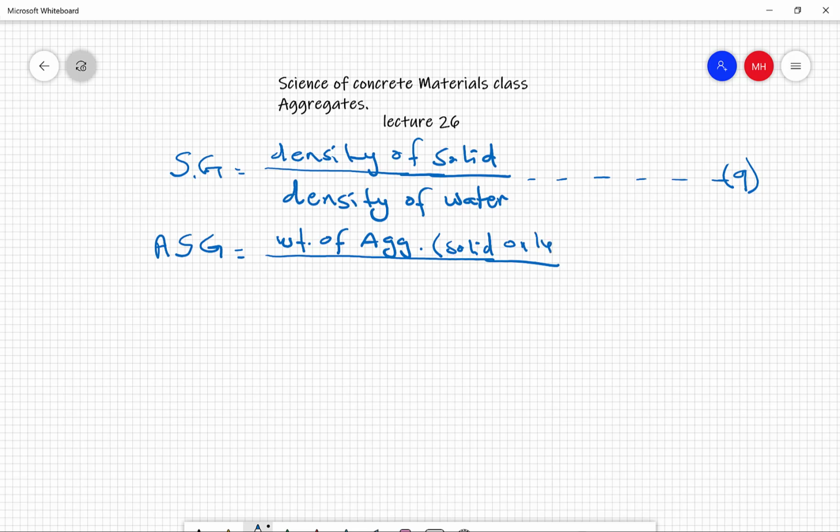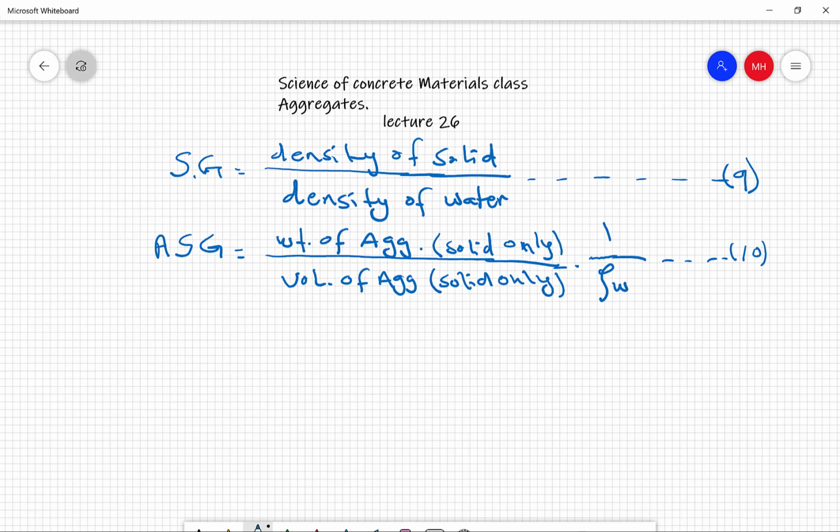You need to remember these equations. Let's call this equation number 10.